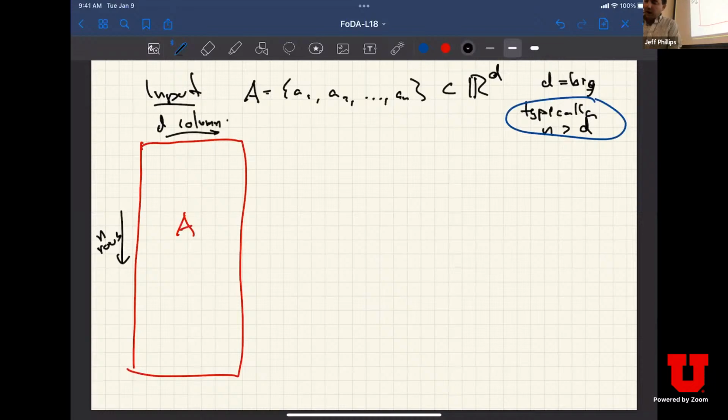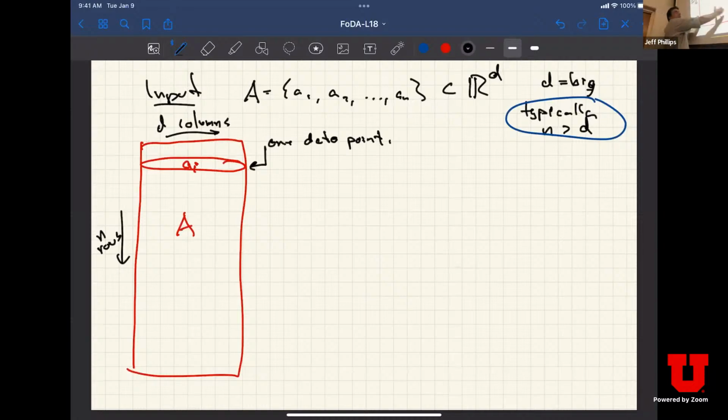Each row a_i is one data point, and I've got n data points stacked in this matrix.